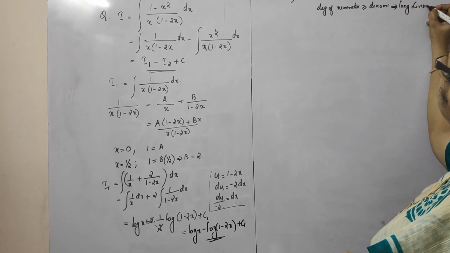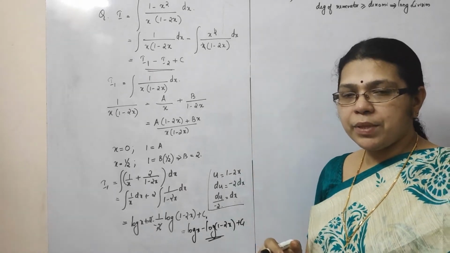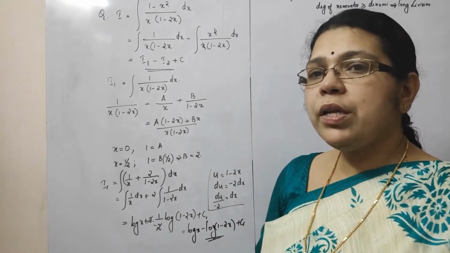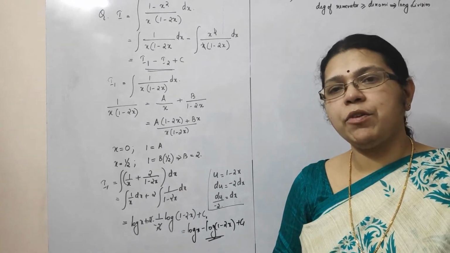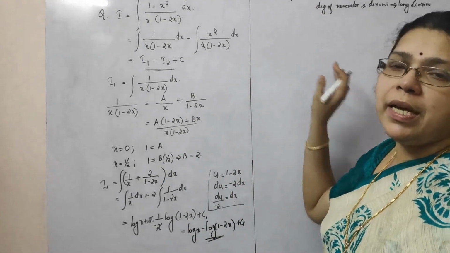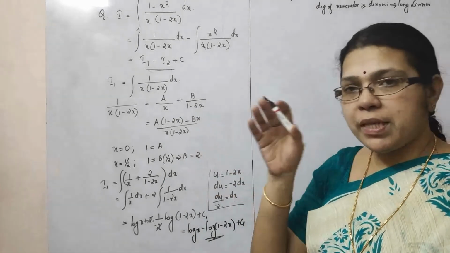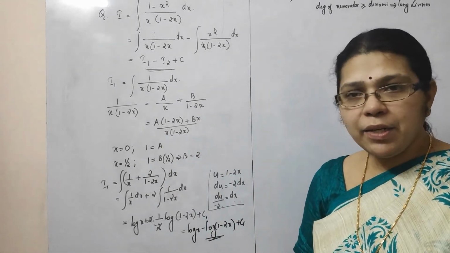I repeat, if the numerator's degree and the denominator's degree are the same, or the numerator has a degree greater than that of the denominator, we have to perform long division, and we have to write this expression in such a manner that the numerator's degree is lesser than the denominator's.